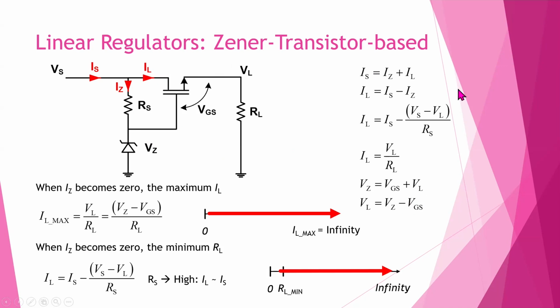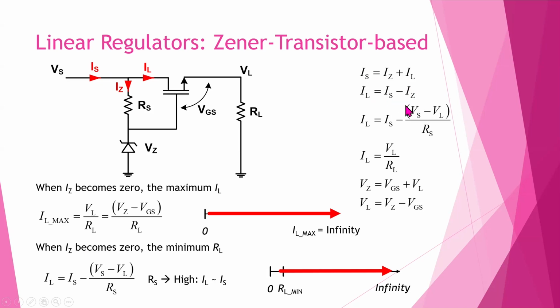Here is the basic expression for this circuit. I believe that you can derive this equation. First let me explain IS equals IZ plus IL. So IS equals IZ plus IL. Here IS means the input current, which is equal to these two portions, IL and IZ. Then I just need the current for the IL, which is given by IS minus IZ.